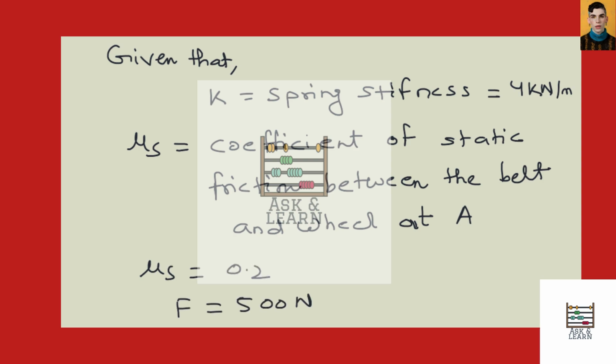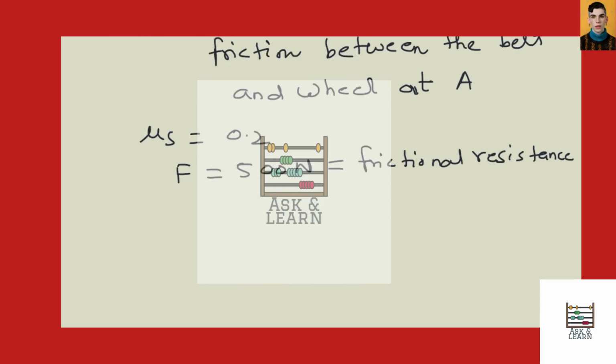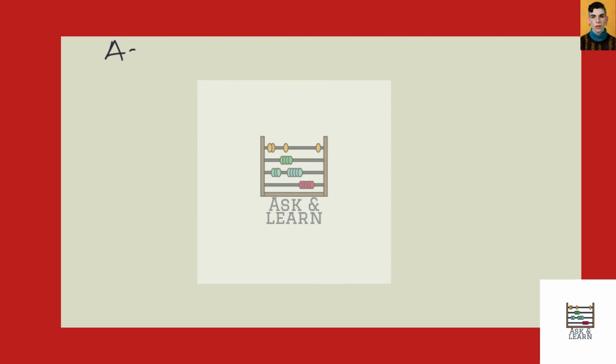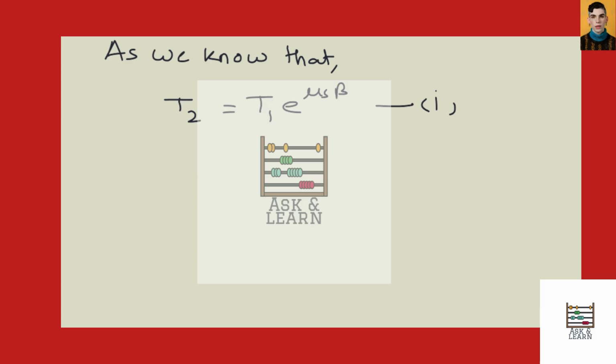F is equal to 500 Newton is equal to frictional resistance. Now going further, we can write T2 is equal to T1 e to the power mu s beta. That is our equation 1.